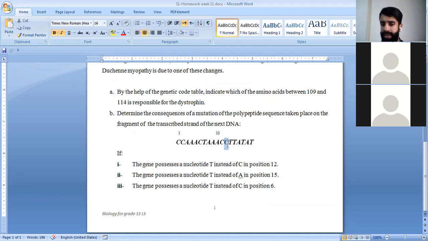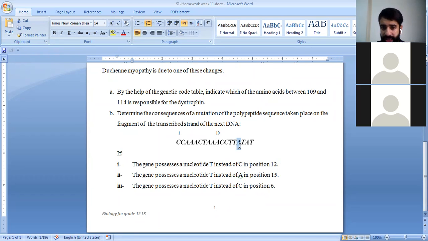This is C. C is going to be substituted by T of the transcript, and then I have to find the sequence of the mRNA and find out the sequence of the amino acids. Gene possesses a nucleotide T instead of A in position 15. So this is 10, 11, 12, 13, 14, 15.